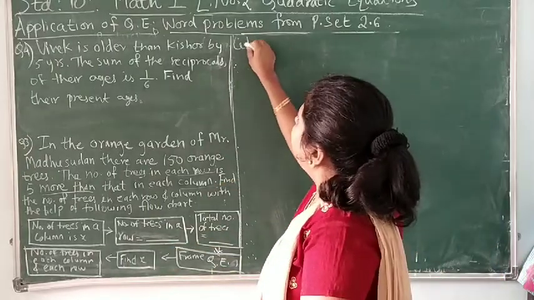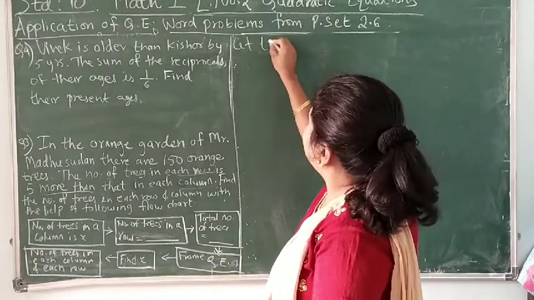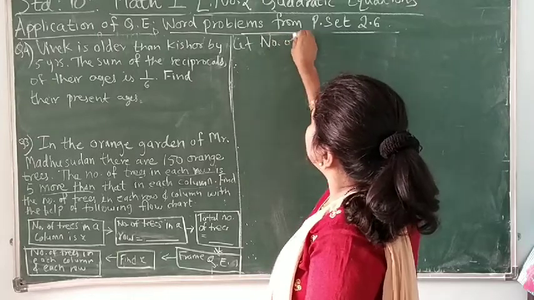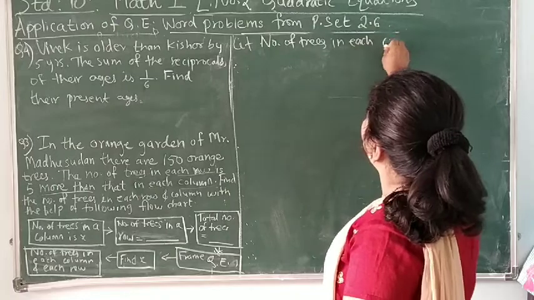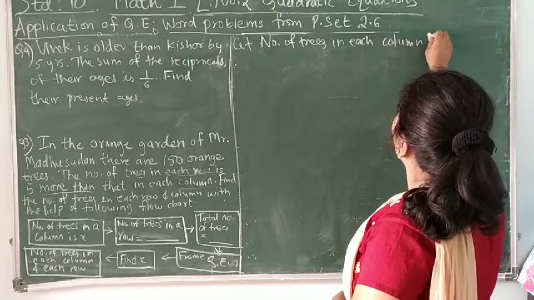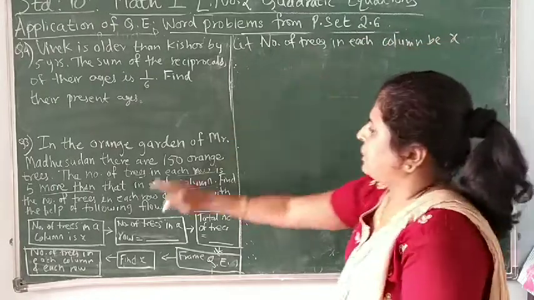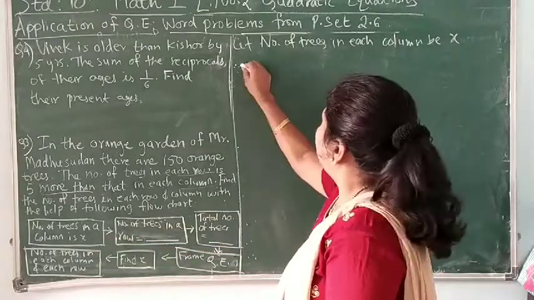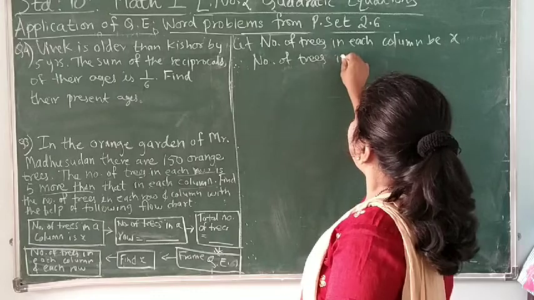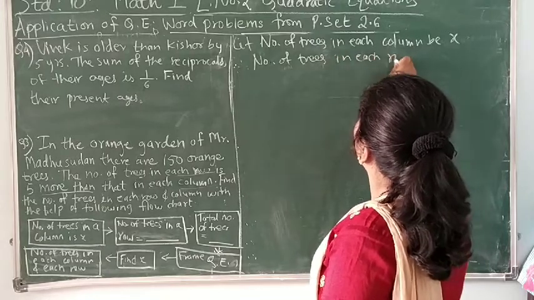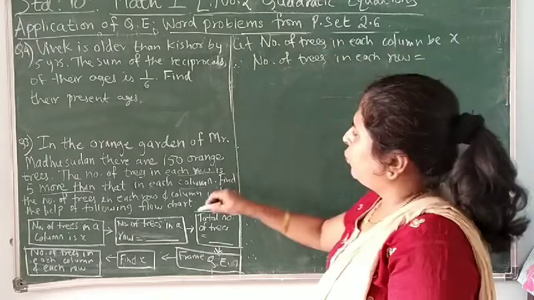So we will write, let the number of trees in each column be x. This we have written as x. And therefore the number of trees in each row is going to be equal to what?